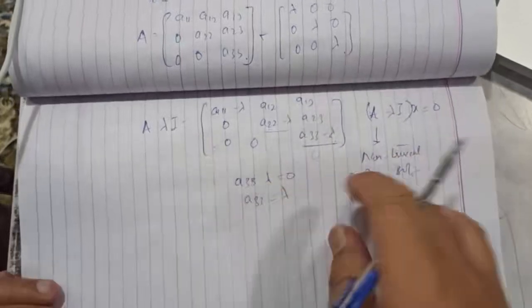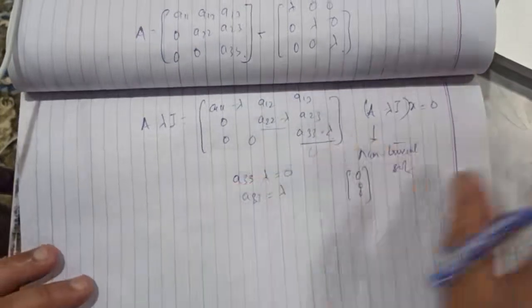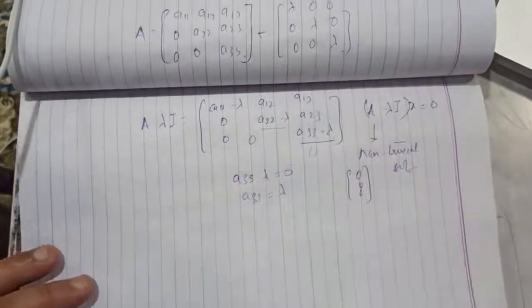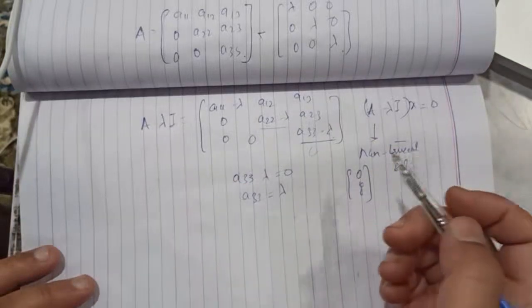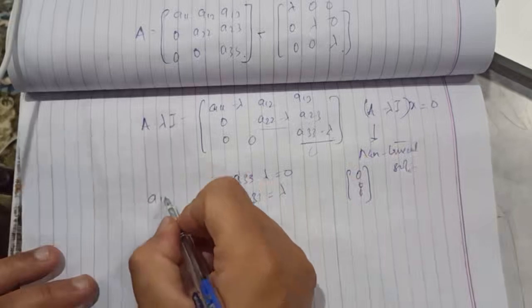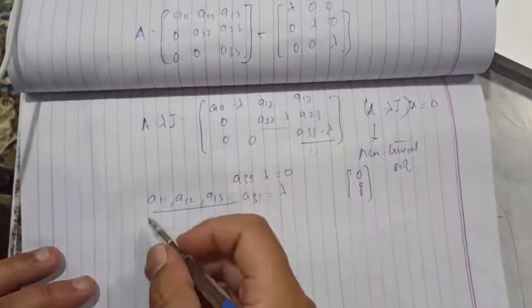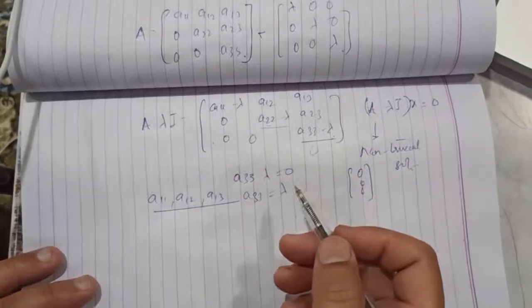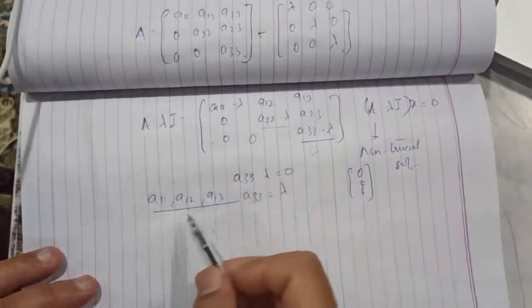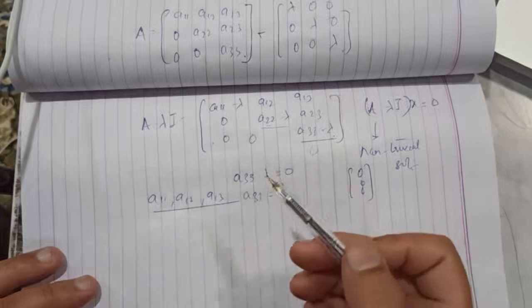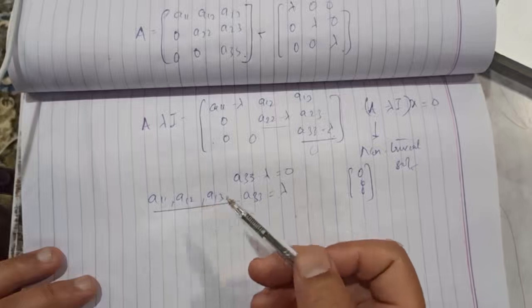So lambda could be any of the possible values, the entries A11, A22 and A33, because there are only 3 possible values.